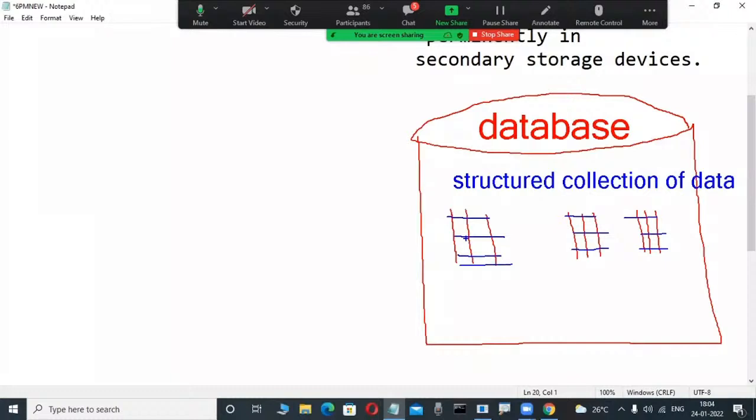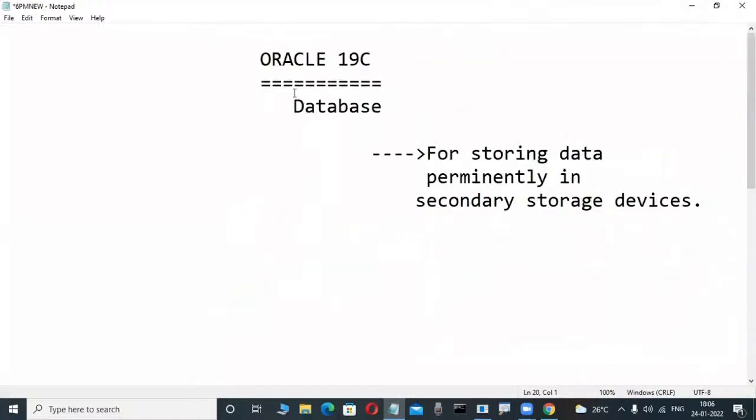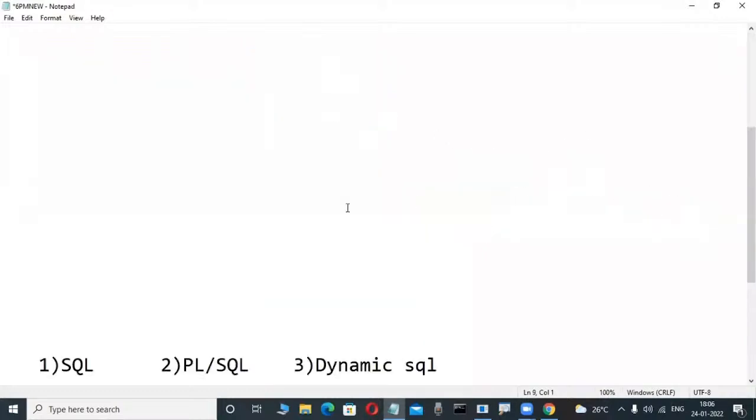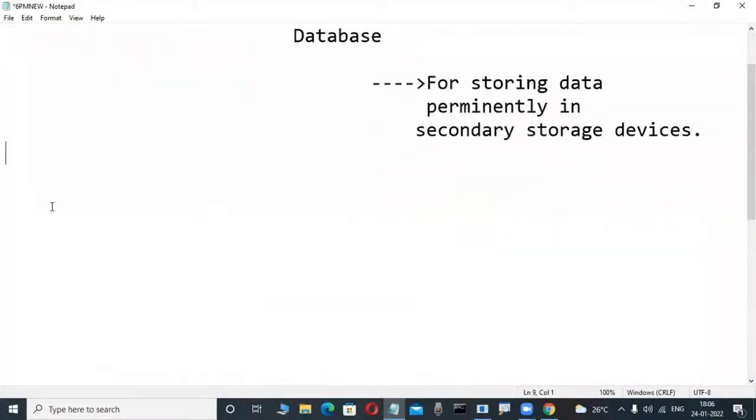Once a structured collection of data is there, for handling and operating this data, which language do we use? Very good, SQL, Structured Query Language. That's why these databases are implemented based on the relational data model. What is that? Today I will tell you. Oracle, SQL Server, DB2, Sybase, MySQL, all these databases are implemented based on the relational data model.